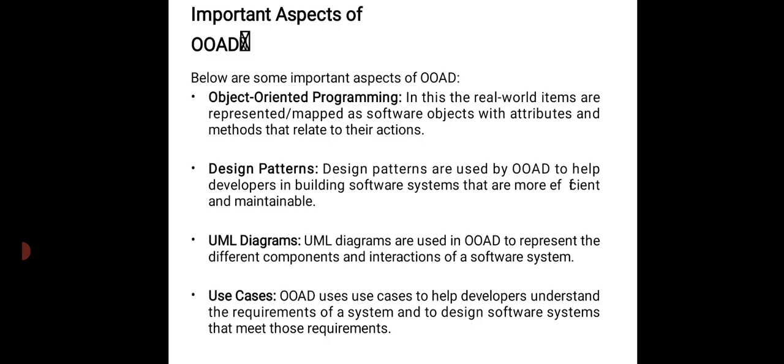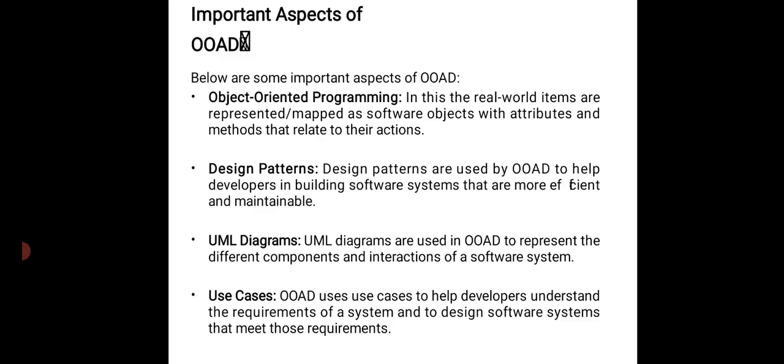Next, design patterns are used by OOAD to help developers build software systems that are more efficient and maintainable. UML diagrams are used in OOAD to represent the different components and interactions of a software system. Use cases help the developer understand the requirements of the system and design software that meets those requirements.